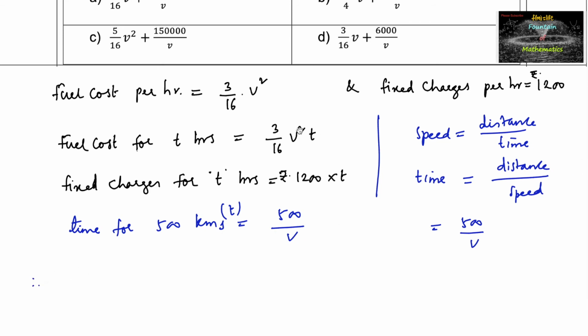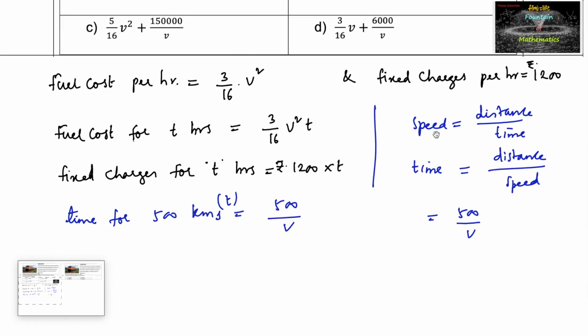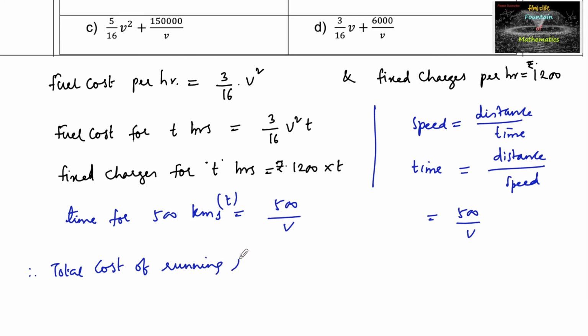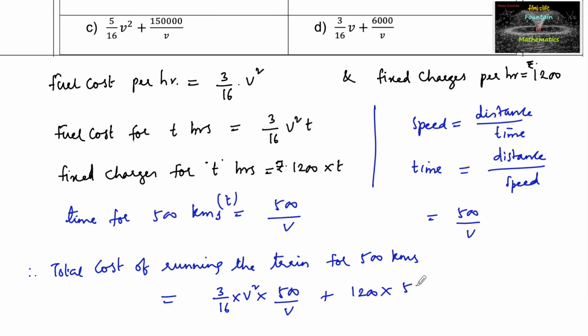Therefore the total cost of running the train for 500 kilometers is equal to fuel cost, 3 by 16 into v square into t, that is 500 upon v, plus fixed charges, 1200 rupees into t, 500 upon v. So we can simplify this.